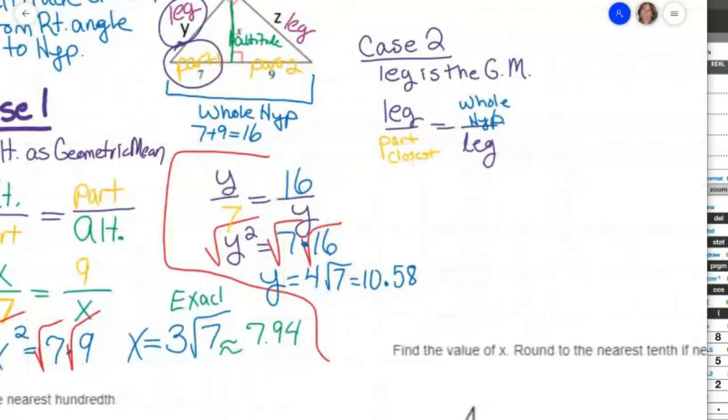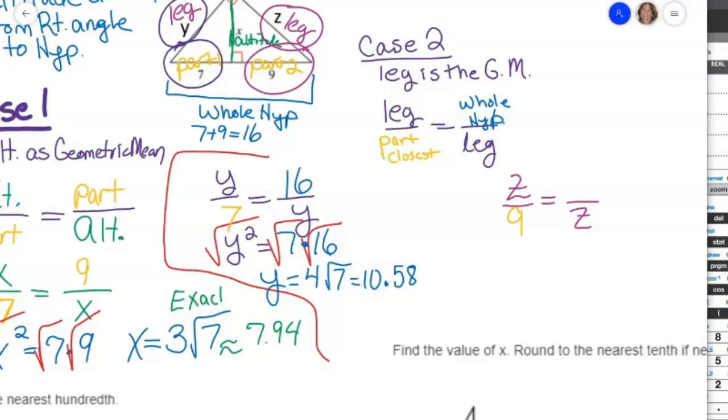Now we need to do it one more time, and this time we're going to do it for the other leg. So this time we're looking at this leg and his part, which is over here on the other side. So this time z is in my dual position. My part closest this time is 9 instead of the other.